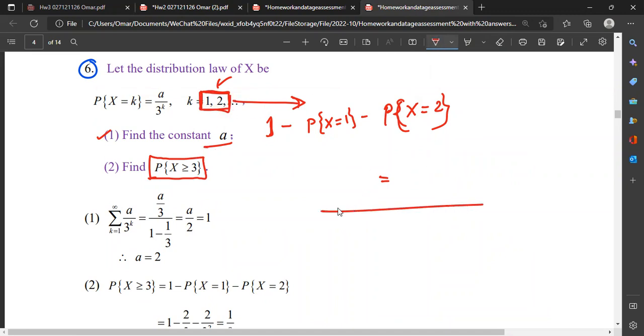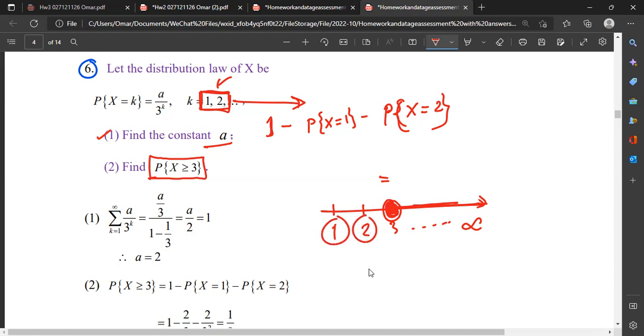So if I draw a line here, here is 1, and here is 2, and here is 3, and so on, up to infinity. So I need to find from 3 to infinity, right? To make it simple, we find the probability of when x is equal to 1 and x is equal to 2.